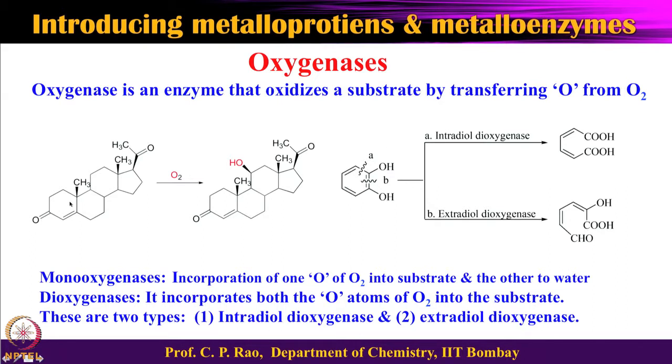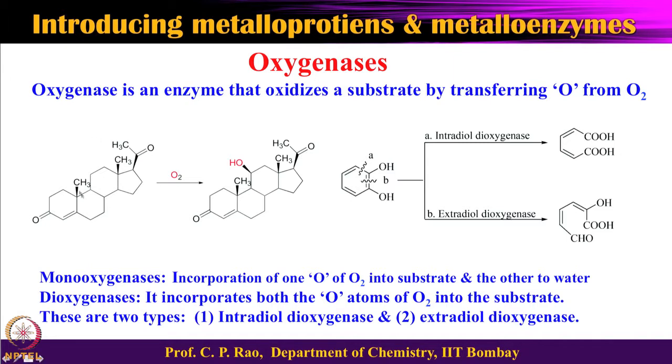When it does the monooxygenase reaction, only one oxygen from the O2 is used for substrate oxidation, and the second O will go as water. In the case of dioxygenase, both the O's of the O2 are utilized for substrate oxidation.